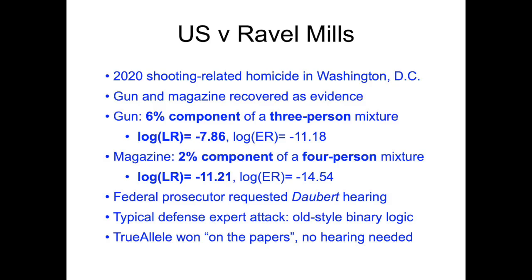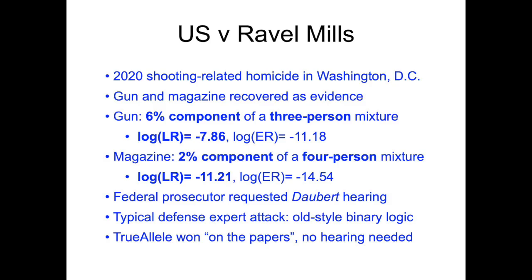And using logs for the error rates because they're so small, negative 11 is down to almost 1 in a trillion. There's also a magazine, which was a 2% component, 4-person mixture. The log LR was negative 11, which is a little bit greater than 1 in a trillion. And its error rate, the log LR, is about 1 in a quadrillion.